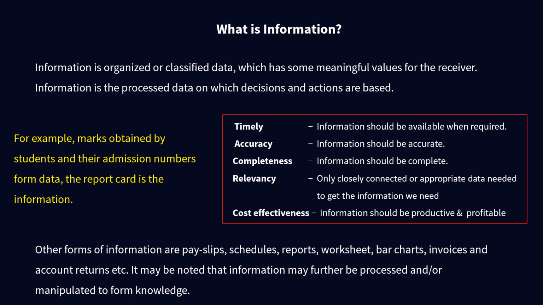If you know something accurately, then you can come to a decision with that knowledge. Therefore, information should have some quality. They are timely, accuracy, completeness, relevancy, and cost effectiveness. For example, marks and the admission numbers of a student are data. The report card made by that is information.